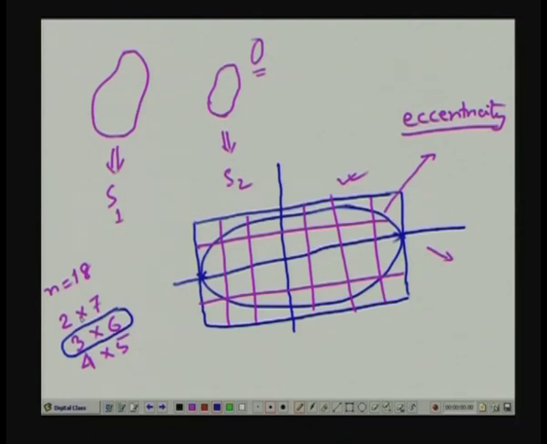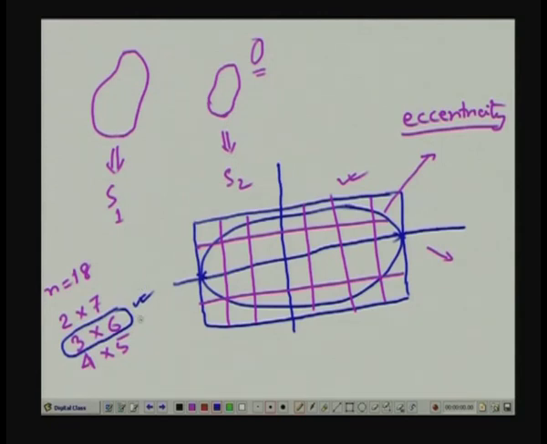So, what you have to do is put a rectangle of size 3 by 6 centered at the middle point of the major axis of the shape, and these grids must be aligned with the major axis and minor axis of that particular shape.